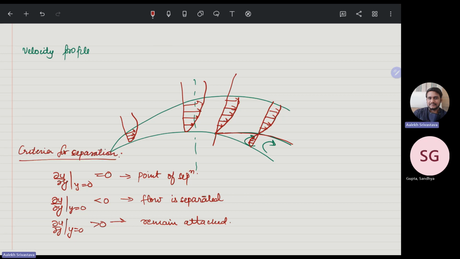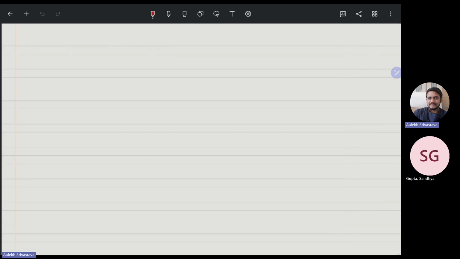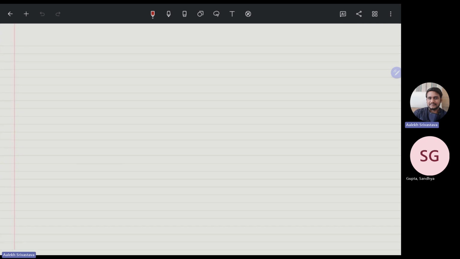And we will look into some velocity profiles and check whether they are separated or not. First, we have a velocity profile u by u0 is equal to 3 by 2 y by delta minus half y by delta whole cube. First we need to find du by dy.